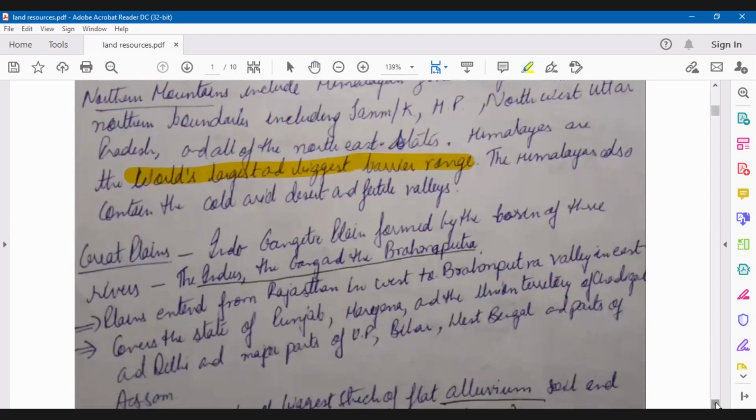The Himalayas contain cold, arid desert and fertile valleys. When we talk about cold, arid desert, we have the Leh Ladakh region, because we were talking about semi-arid and arid regions. But when we talk about fertile valleys, we are talking about the grasslands, also known as alpine meadows. When you scroll through the previous notes, you will find what I am talking about.